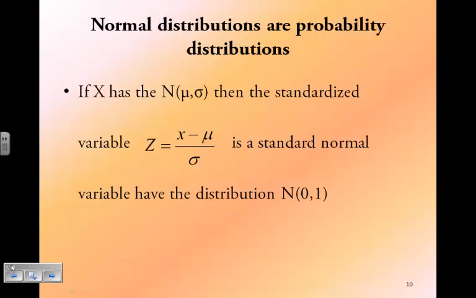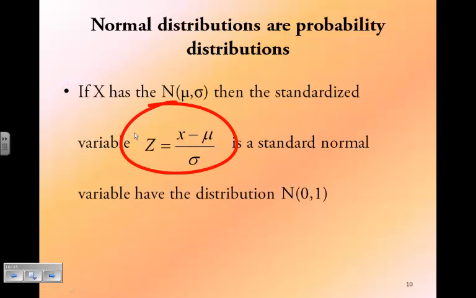So normal distributions are probability distributions. When we were studying normal distributions back in the first semester, we were studying probability distributions and we didn't even know it. So I would have you remember this formula: if x has the normal distribution with a mean of mu and a standard deviation of sigma, remember that's what these little symbols next to the N stand for, the mean, mu, and the standard deviation, sigma. Then the standardized variable, the z-score, is given by that formula.